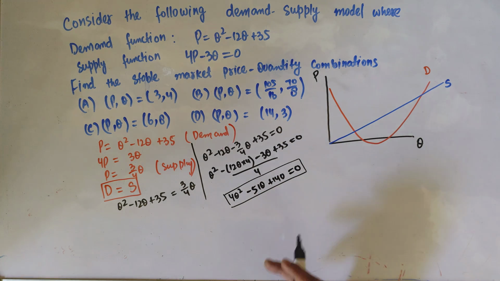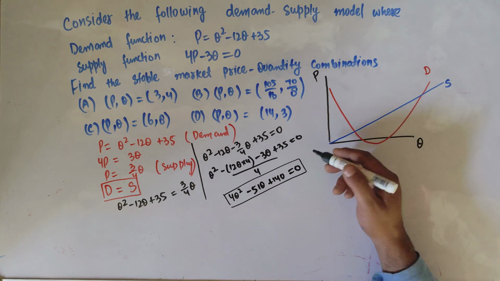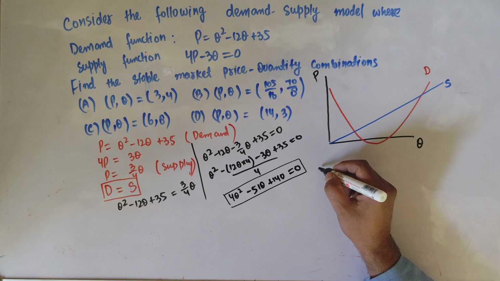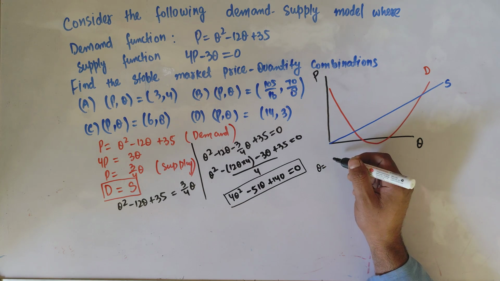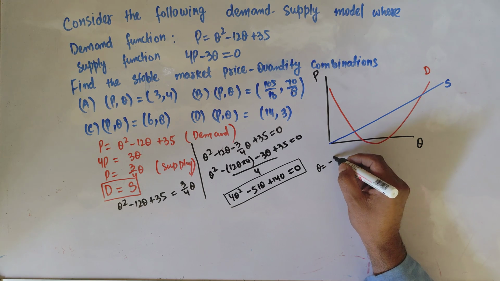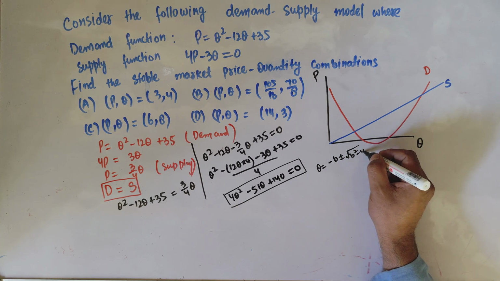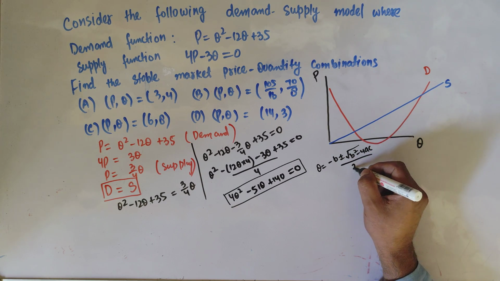Further, when we simplify it using the quadratic formula, Q equals minus B plus or minus the square root of B square minus 4AC, divided by 2A.